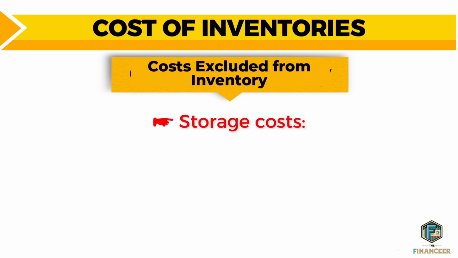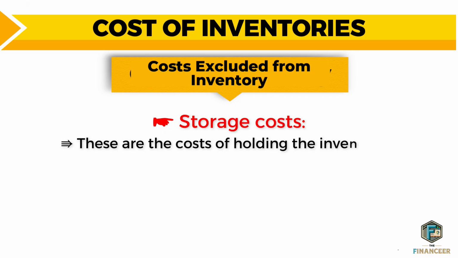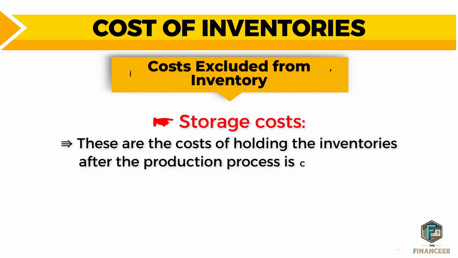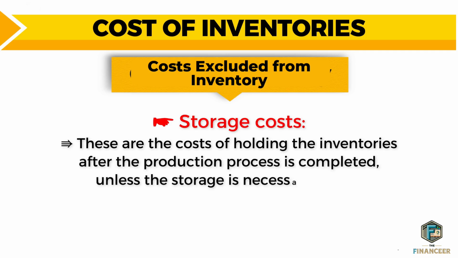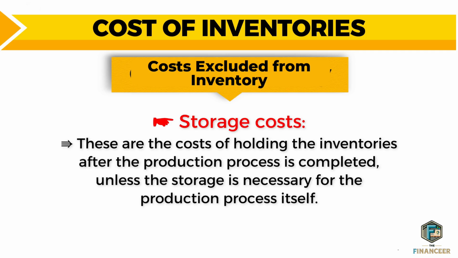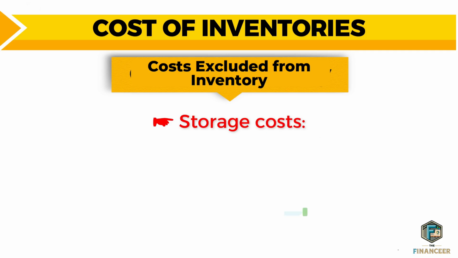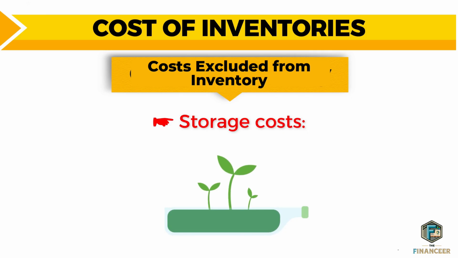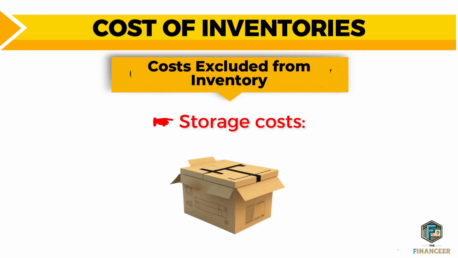Now let's go to number 2, storage cost. These are the costs of holding the inventories after the production process is completed, unless the storage is necessary for the production process itself. For example, storage costs of agricultural products that require a certain period of maturation are included in the cost of the inventories, but storage costs of finished goods that are ready for sale are excluded.